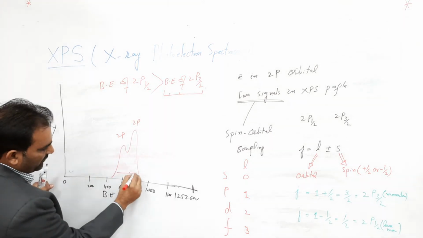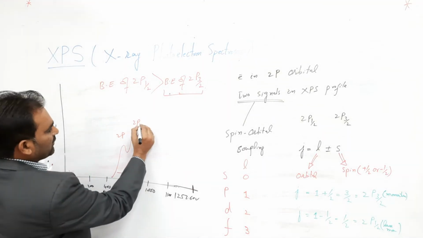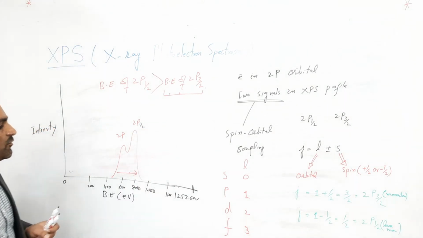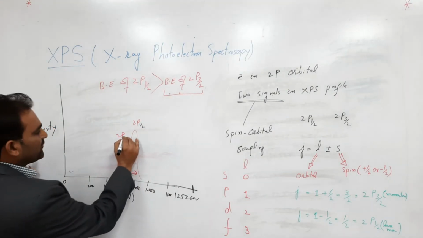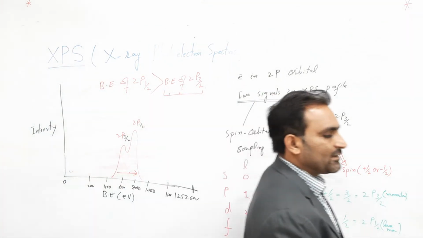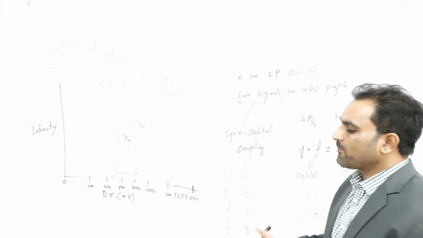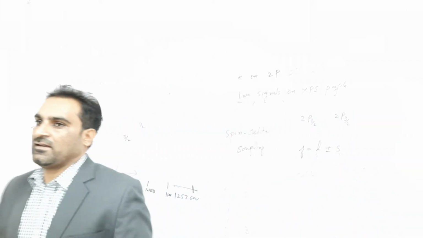So here we have an increase in binding energy. So this signal will correspond to 2p 1 by 2, higher binding energy, and this will be 2p 3 by 2.